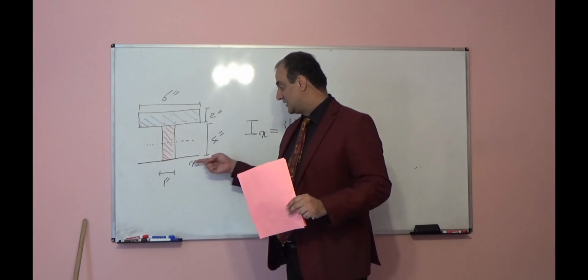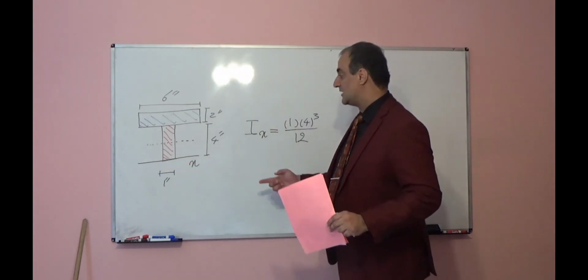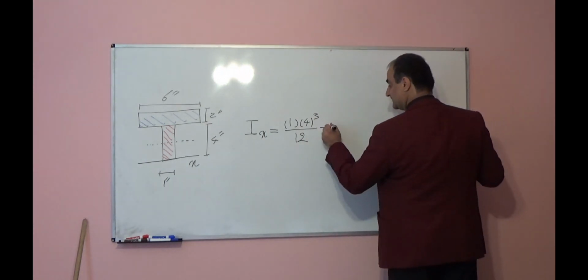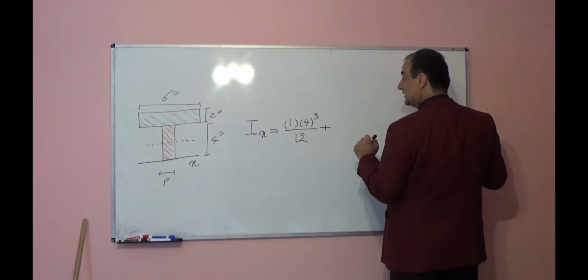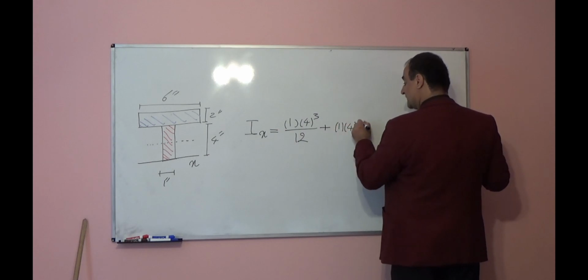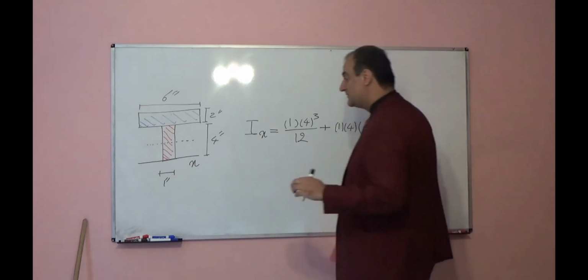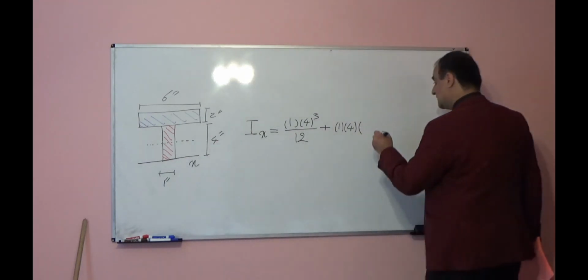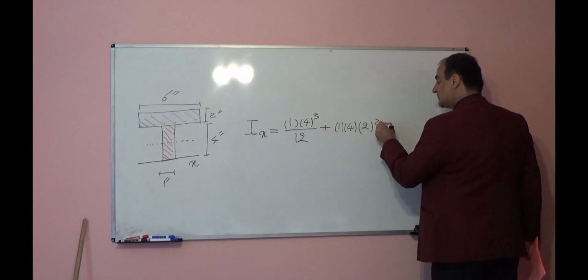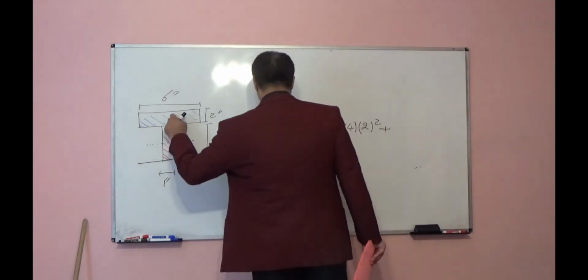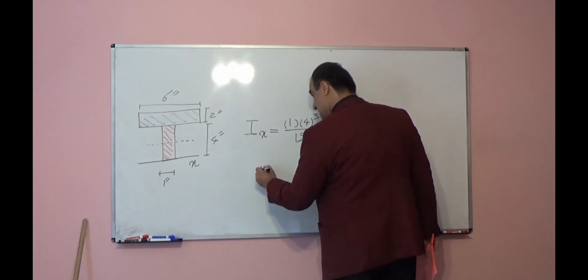But I'm calculating with respect to x, so I should transfer from here to here, plus area 1, which is 1 times 4, times the distance between the two axes. From here to here it will be 2 inch squared.